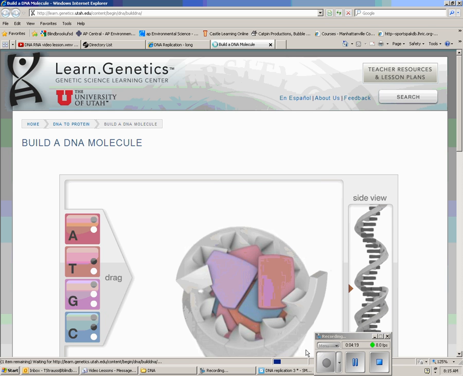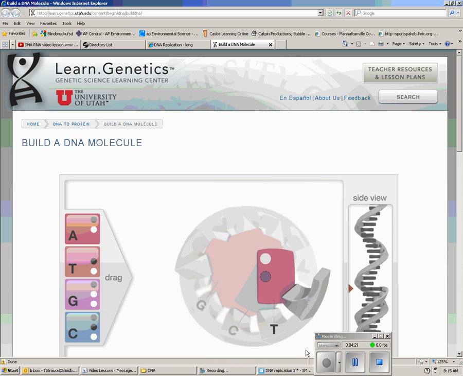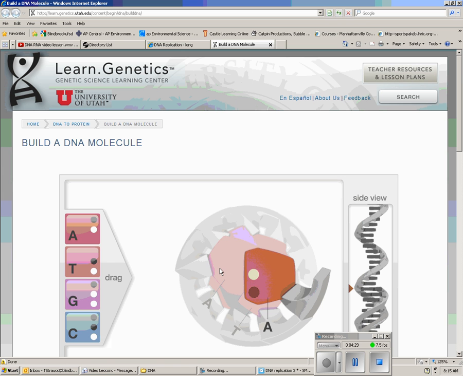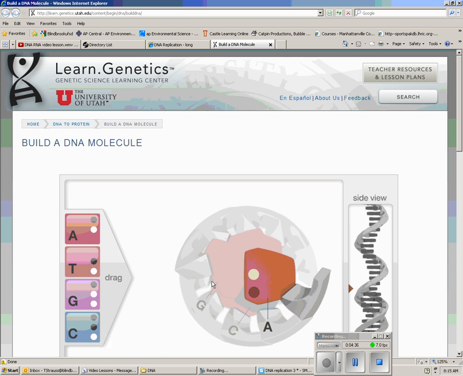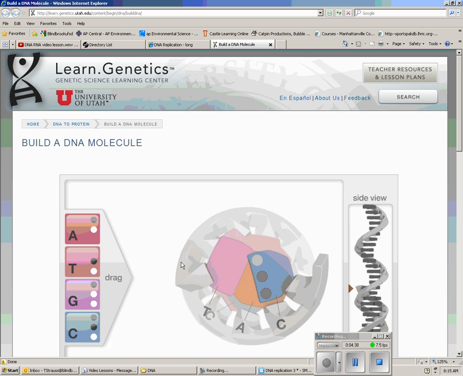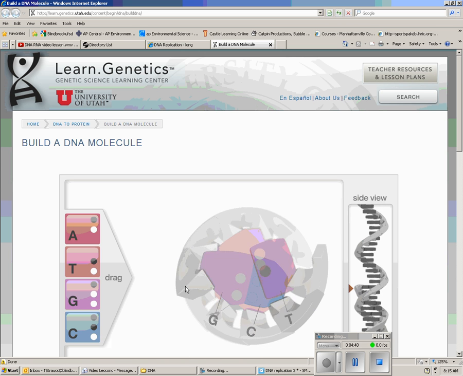So if we look at the side view, now we're seeing the top view, and you can just go and drag these if you go to this website and practice. So T, you'd see would match with A, that's its complement, and then A with T, C with G, then again A with T. And this process keeps going throughout.